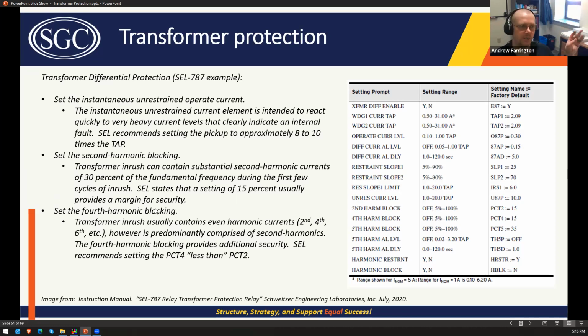So what this is trying to do is prevent nuisance tripping. When you go to energize the transformer, you get the initial inrush of the magnetization current into the transformer to get the flux going in the core. You've got that fundamental frequency current, and you've got your second harmonic current as well that adds on top of that.